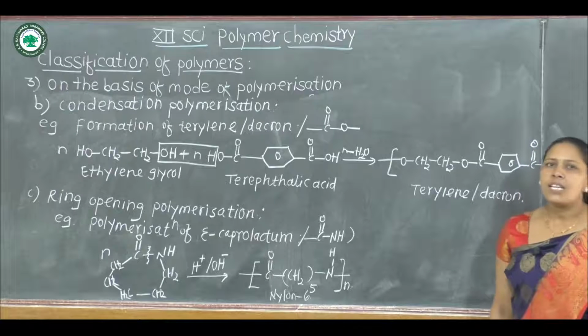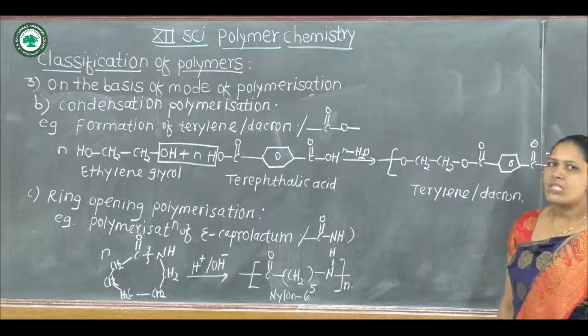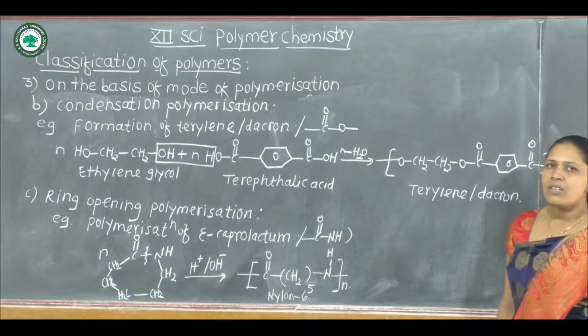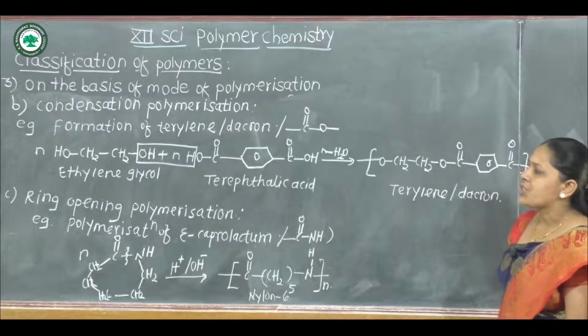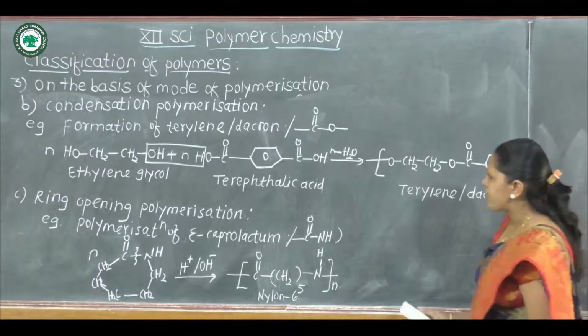These are the three types of polymer on the basis of mode of polymerization. First is addition polymerization, condensation polymerization and ring opening polymerization.